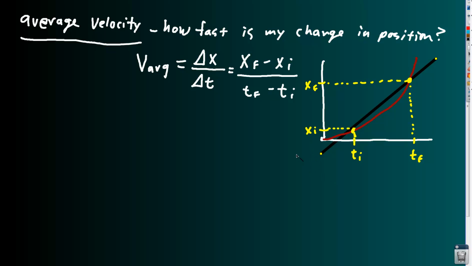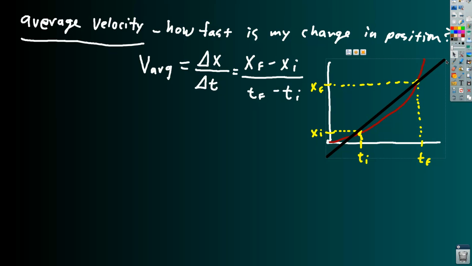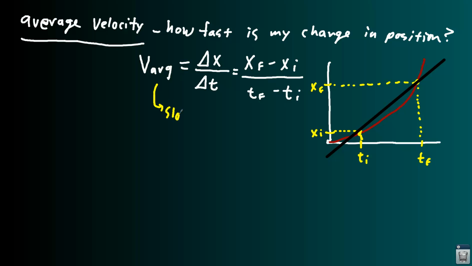All right. So the average velocity is the slope of this line.